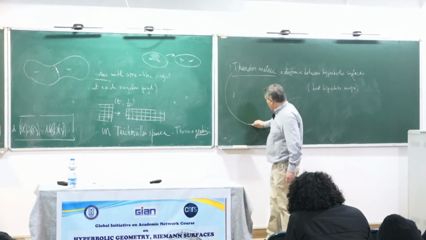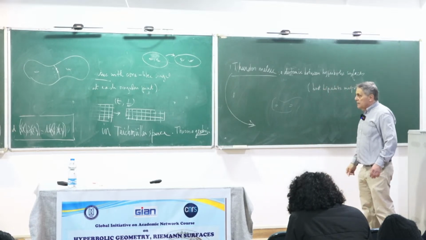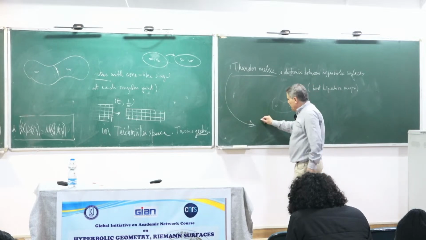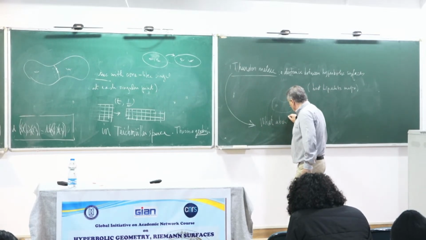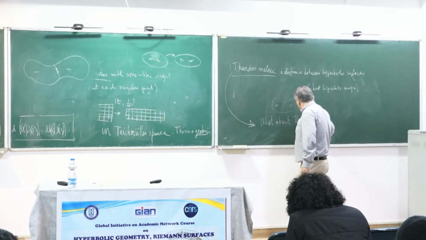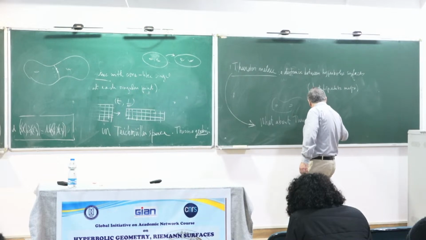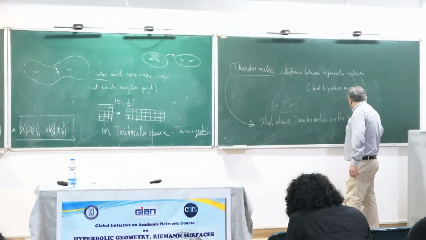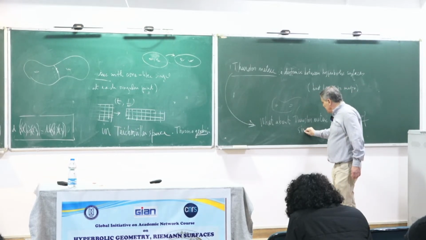In fact, when you have learned this, and when you know the existence of these singular flat metrics, then naturally comes the problem: what about the Thurston metric on the space of singular flat structures?